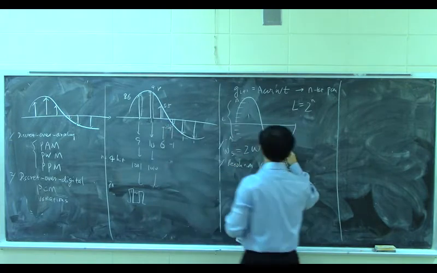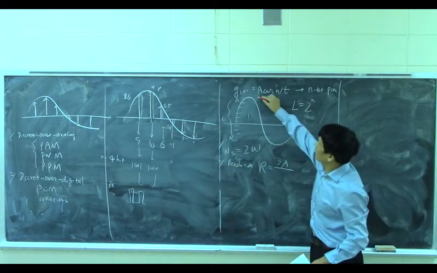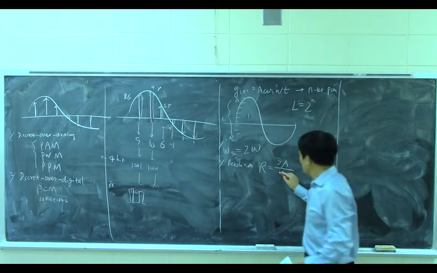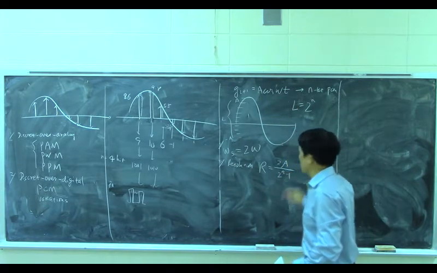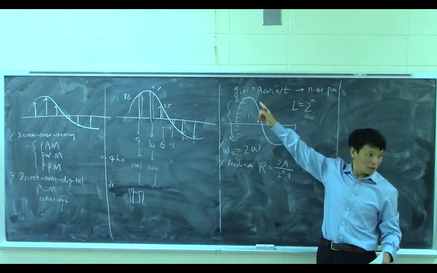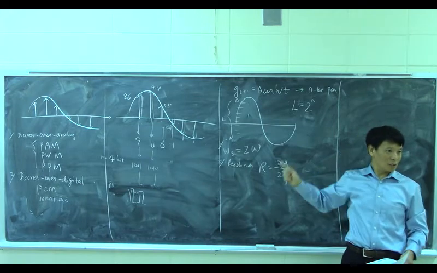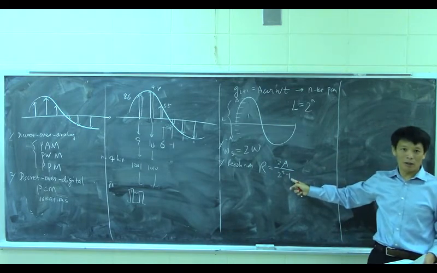Some books start from here and go all the way to here, then that will be 2 to the n minus 1. For example, this one equals 0, this one will be 15. So you have only 15 different segments instead of 16. So that's 2 to the n minus 1, L minus 1.